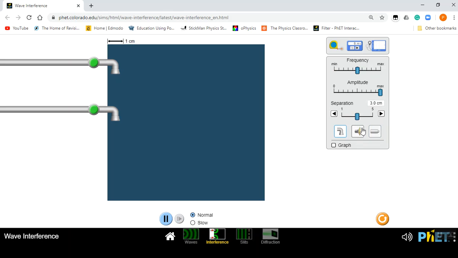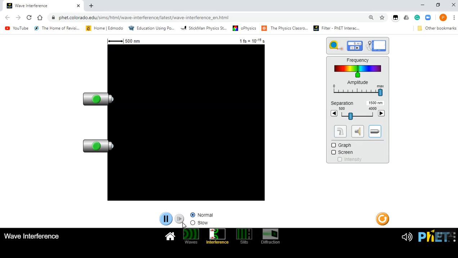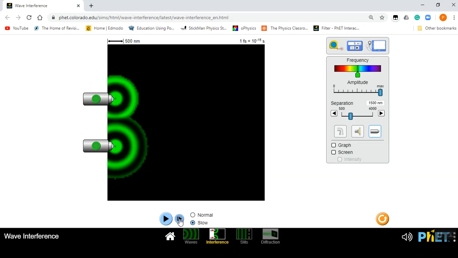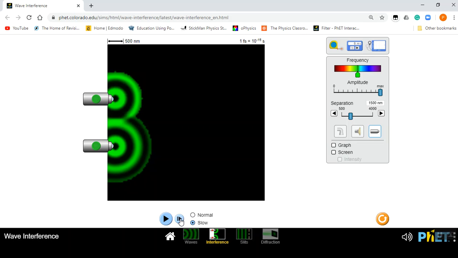we see how they interact. There's a crest with a trough, and they would form destructive interference. Now this is the second crest, trough, crest.